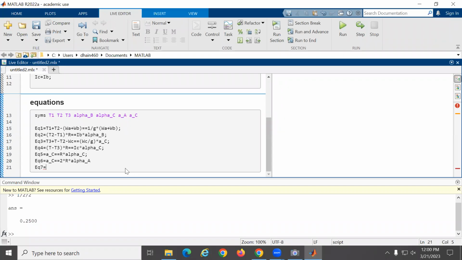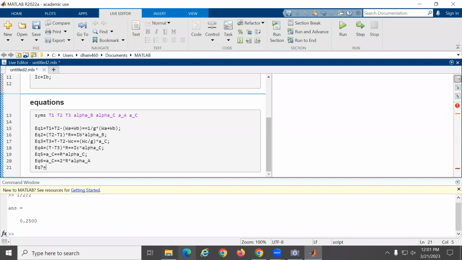Isn't AC just R alpha C? I already have AC prime. AC equals R alpha C, then one I have AC equal to 2R alpha A. Did I do that wrong over here? Or alpha B? No, you're fine. No, but that should be alpha B. Yeah. It's not alpha A because we don't have an alpha A. Right. We have B and C.